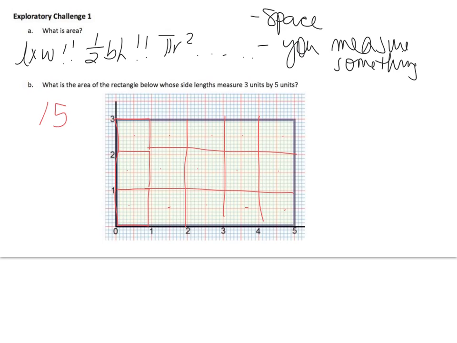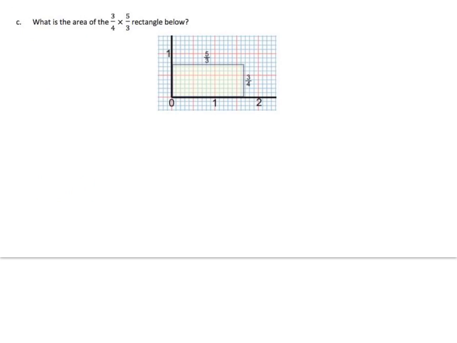But that's how you learned how to do area when you were young, right? As you got older, we taught you to multiply. And now we're going to talk about scaling an area. So here we have a 3/4 by 5/3 rectangle below.